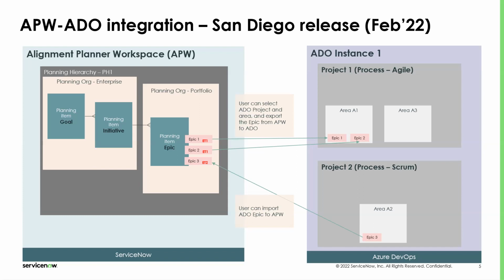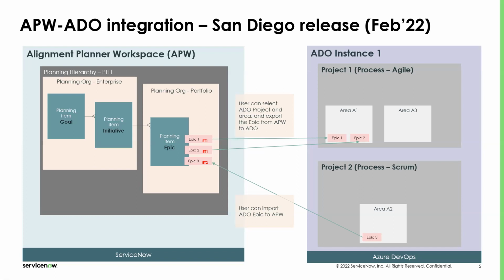Please also note that once they perform export and import operations, these epics get linked, which means that any change that you make in APW will be reflected in ADO and vice versa, depending on the table map that you use.